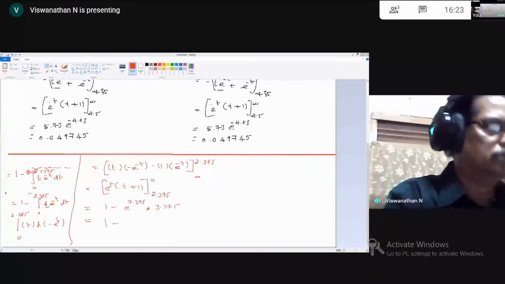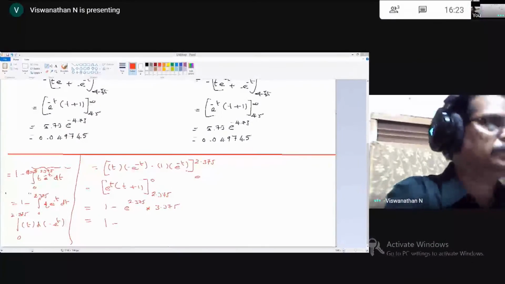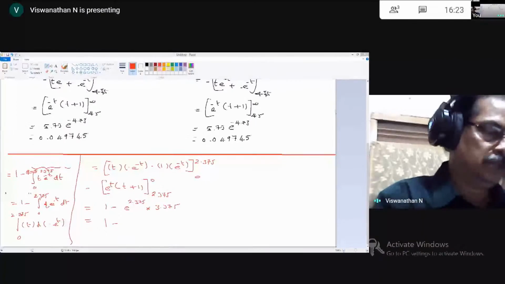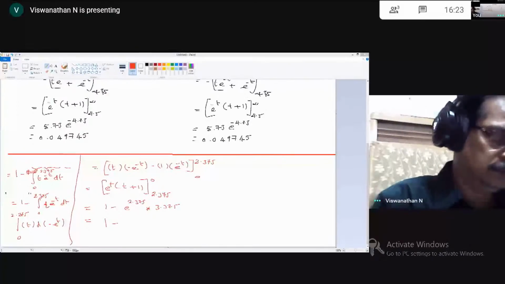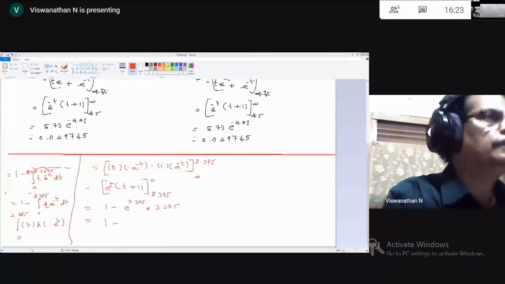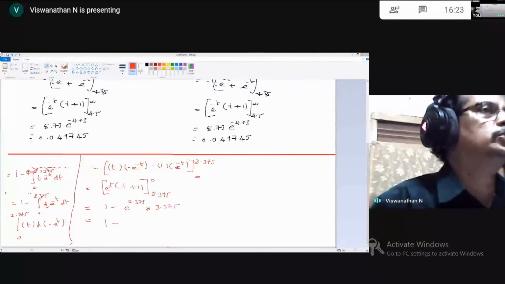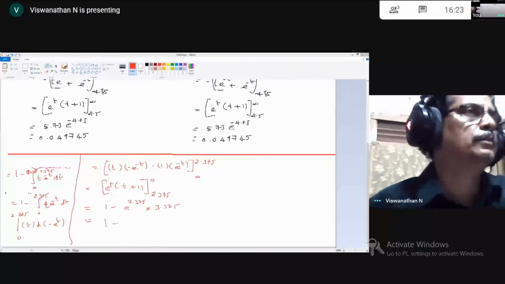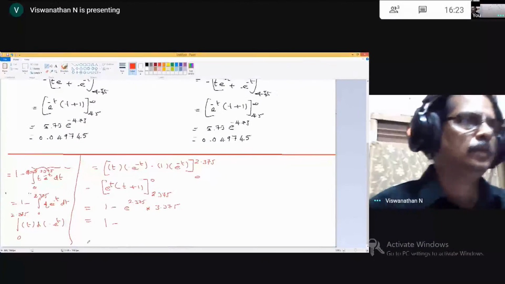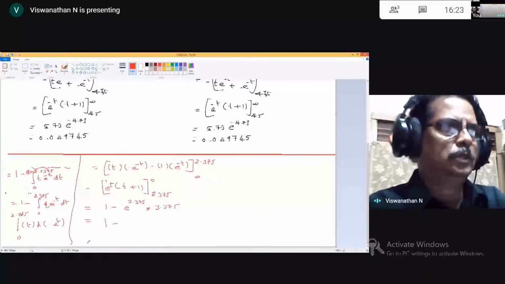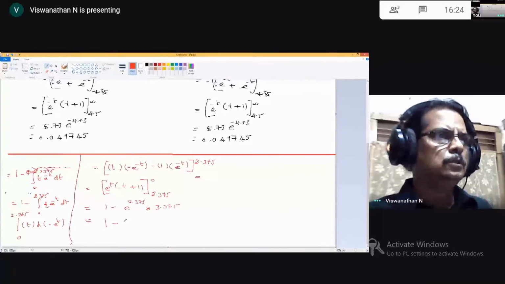On the calculator, exp of minus 2.375 gives 0.09301.